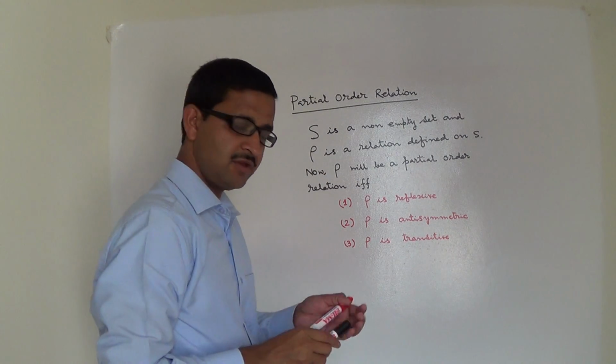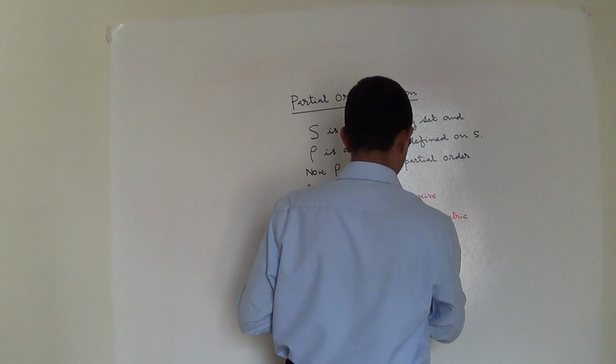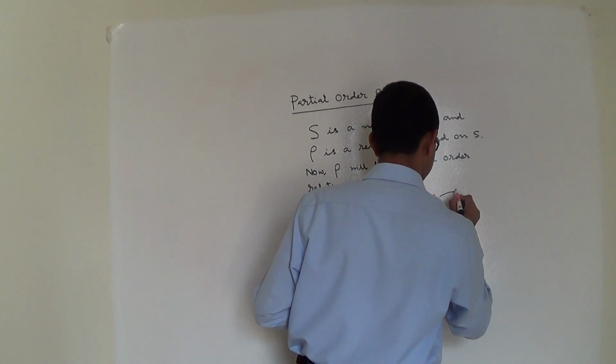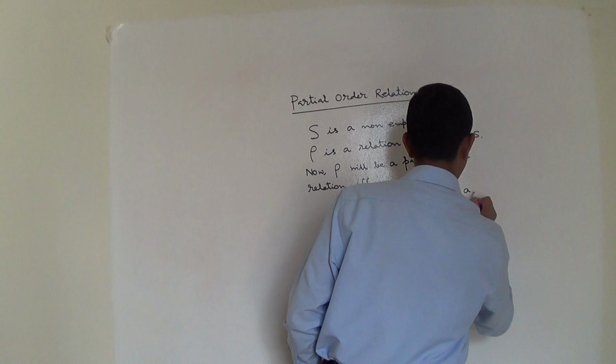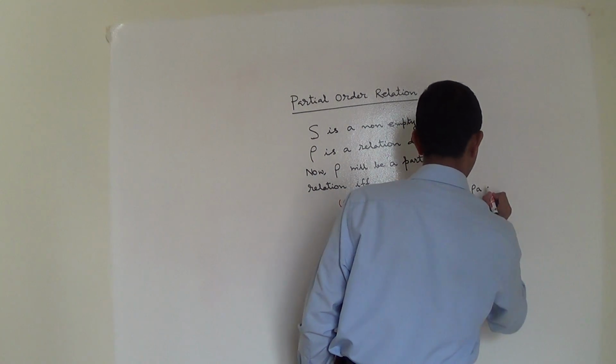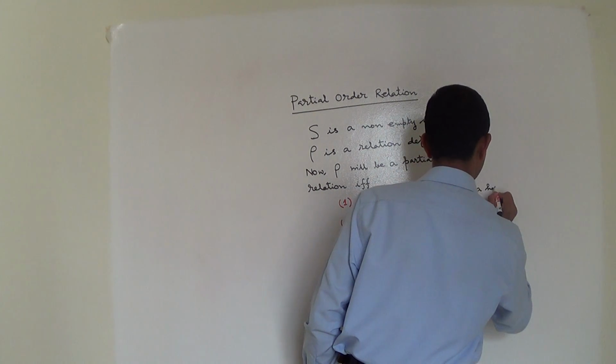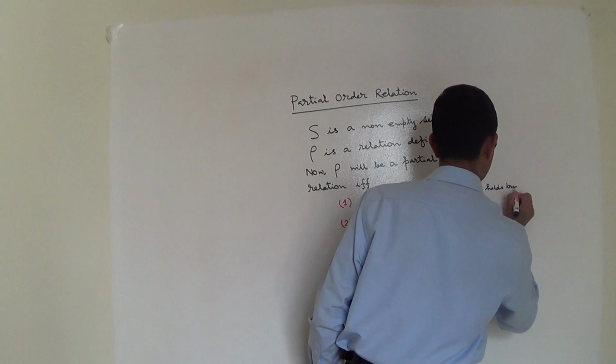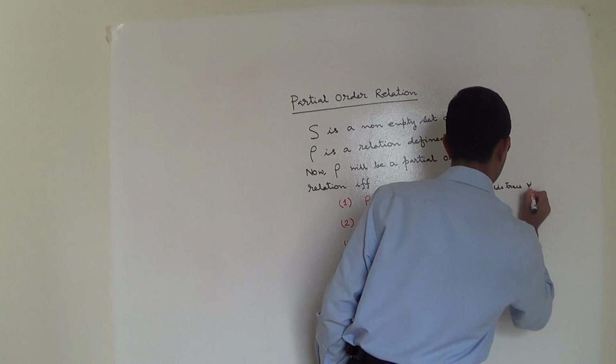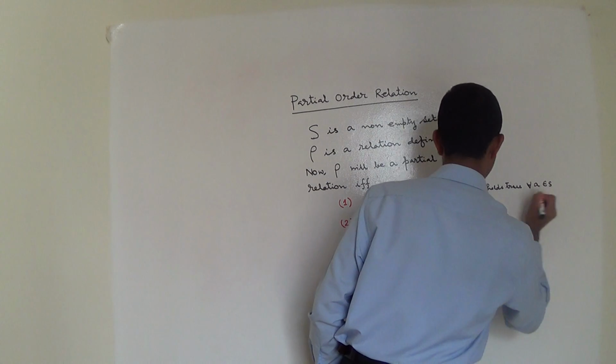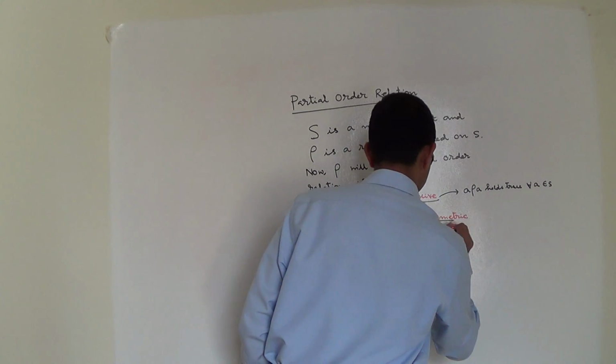You know what is the meaning of reflexive? The formal definition of reflexive is that A rho A holds true for all A belongs to S. You know what is antisymmetric?